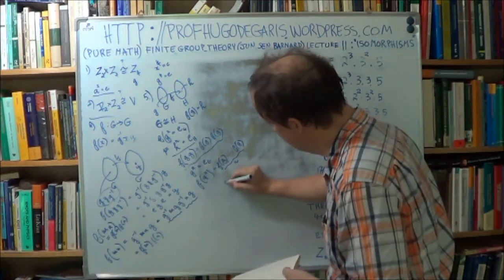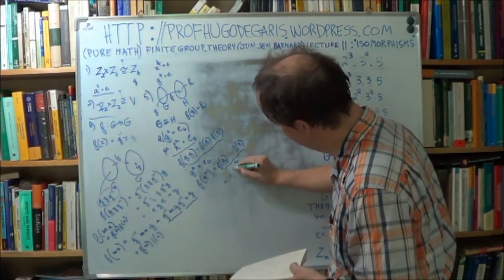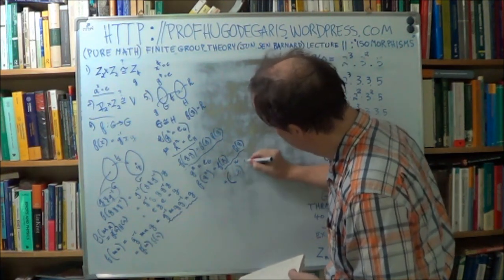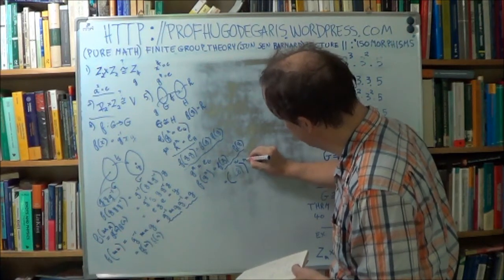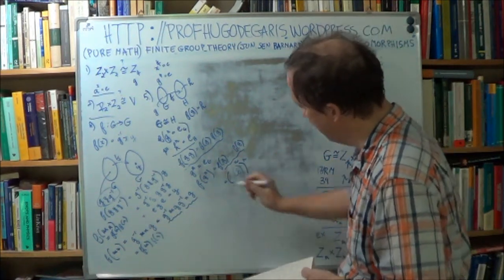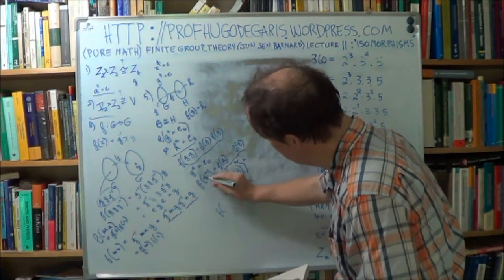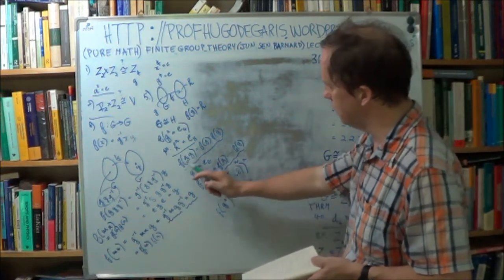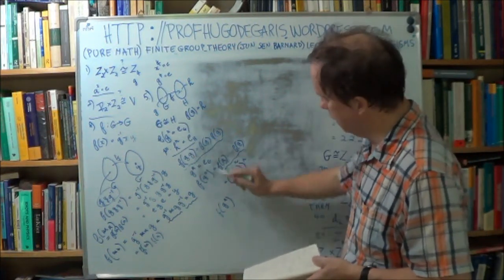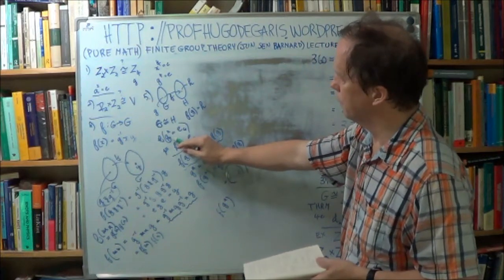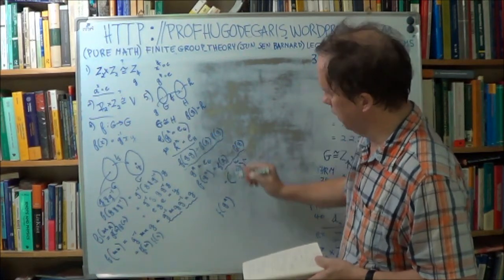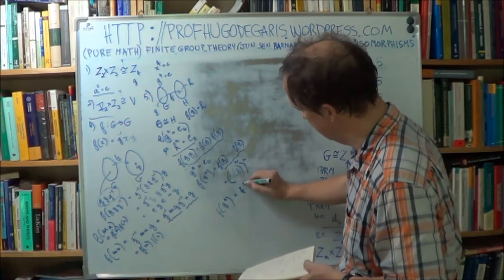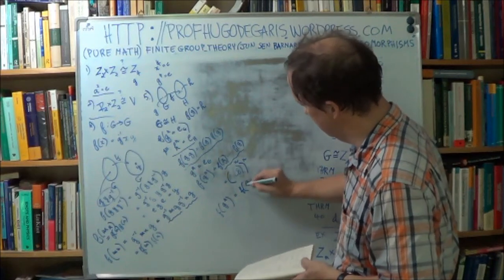Now, what is g to the n? This n here is the order of little g, the order of that element, and g to the n is e. So this is just f of e of G.